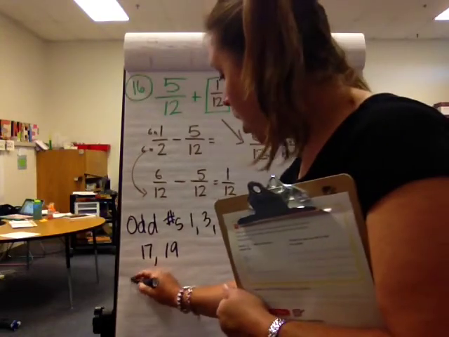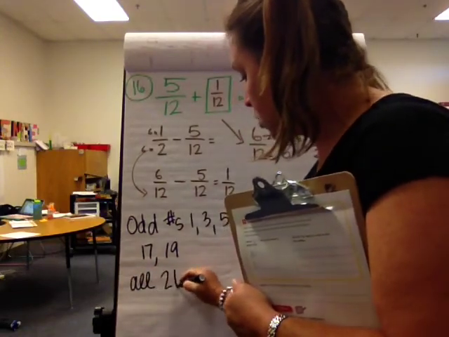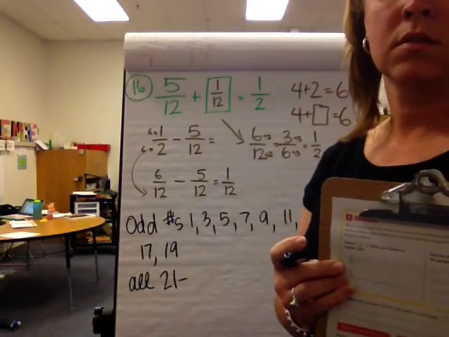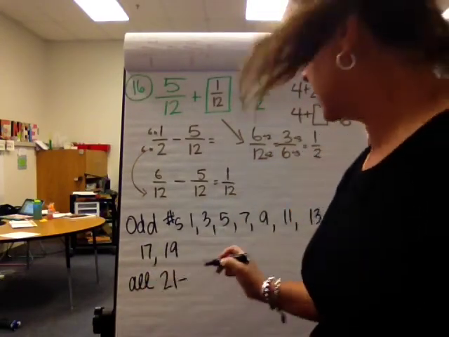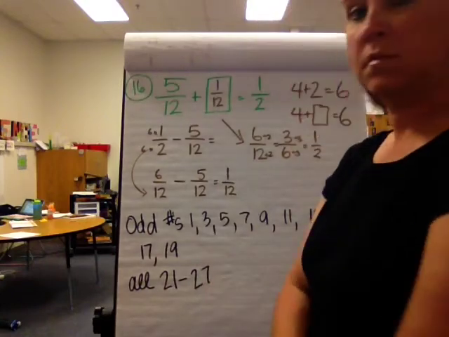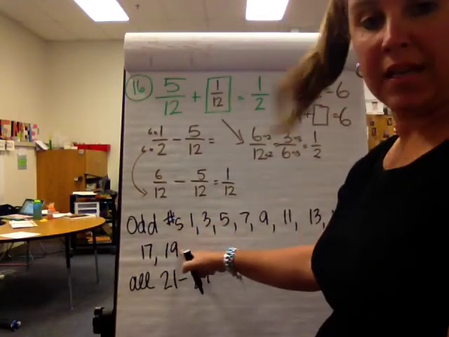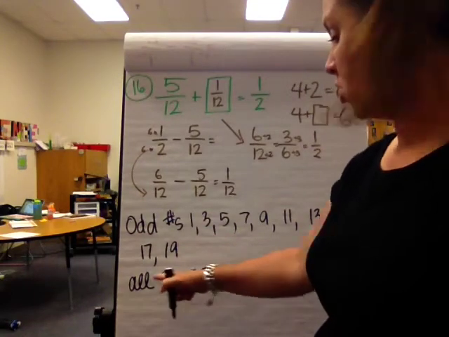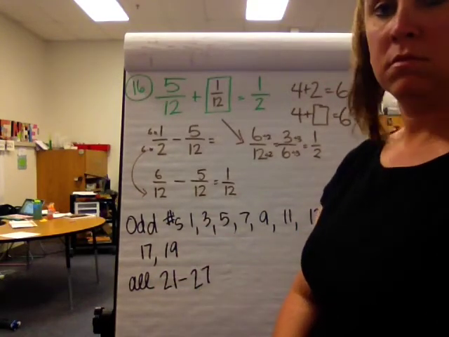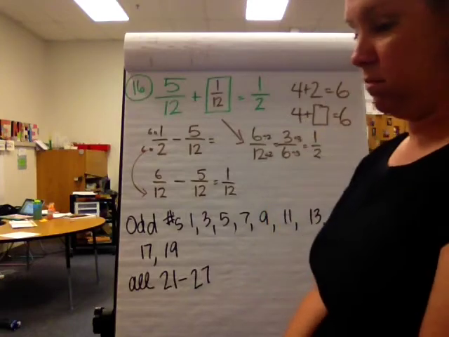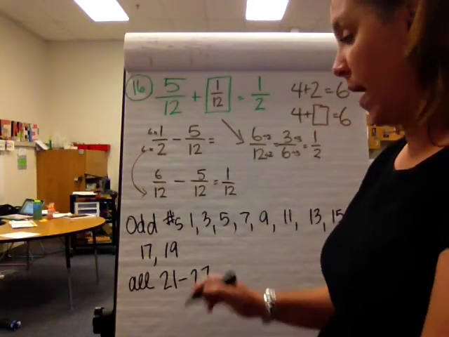Then you're going to do all 21 through 27, okay? So again, you're going to do the odd numbers, 1 through 19, then you're going to do 21 through 27, all of them. So the last two at the bottom, and then all the back.